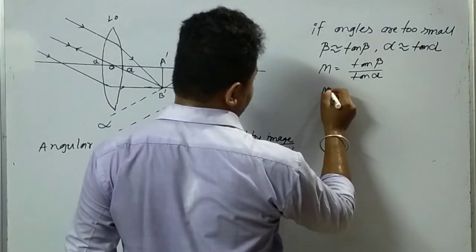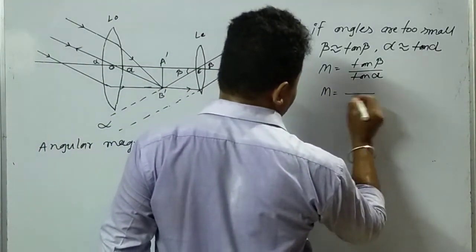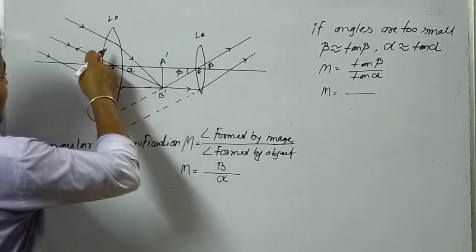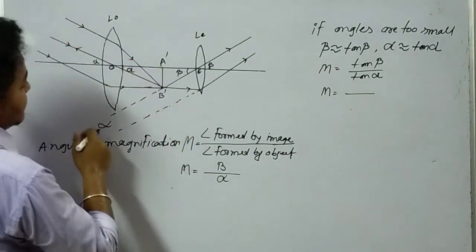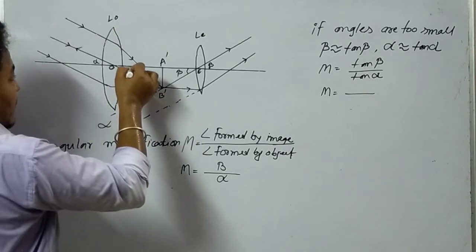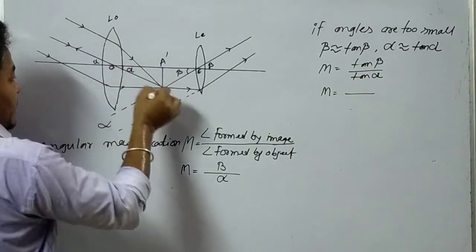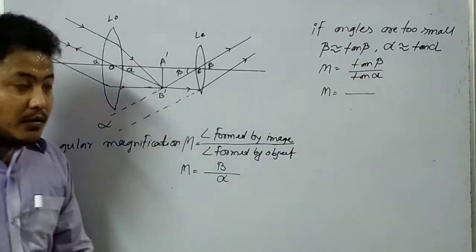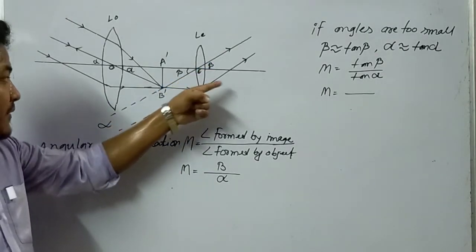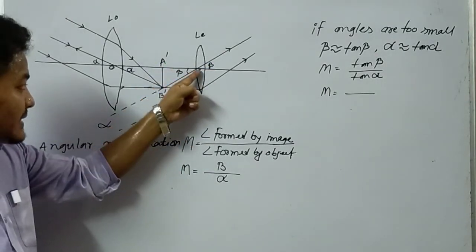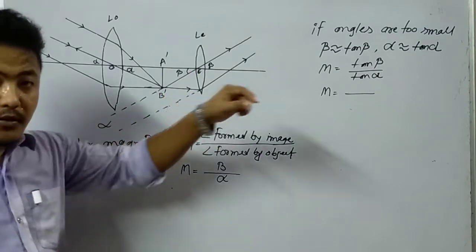So we can write M is equal to, what is tan alpha? This is alpha, this is alpha. So if I give some name over it, this alpha we can find from triangle A D S, and this is your beta. Beta can be found from triangle A D S, right?